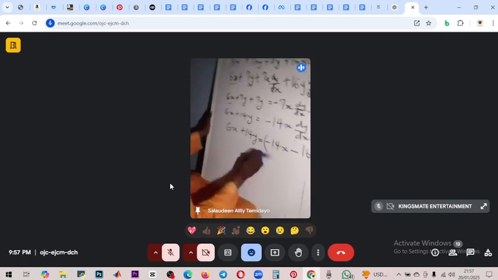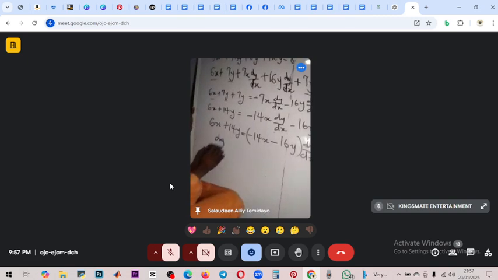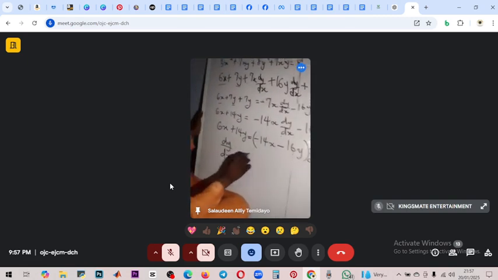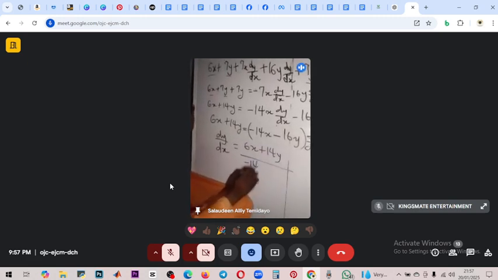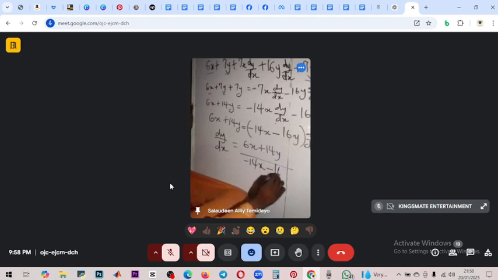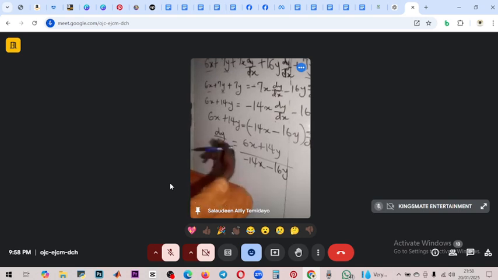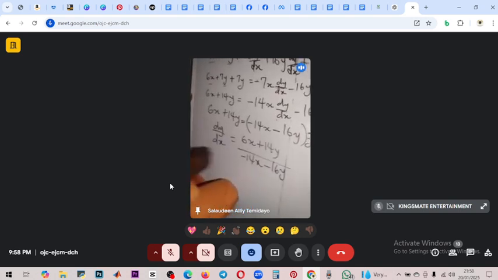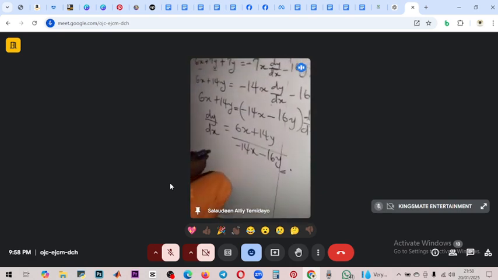Now I have dy dx here. Let me divide both sides by minus 14x minus 16y. So dy dx is equal to 6x plus 14y all over minus 14x minus 16y. If you bring 2 out here, I don't want to simplify them, so this also makes sense as an answer. You can put this down.